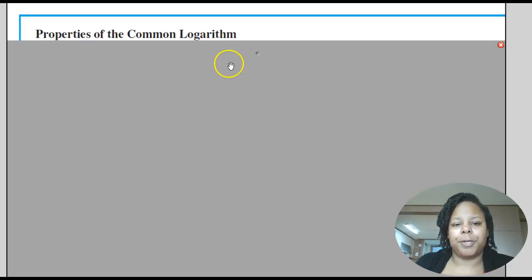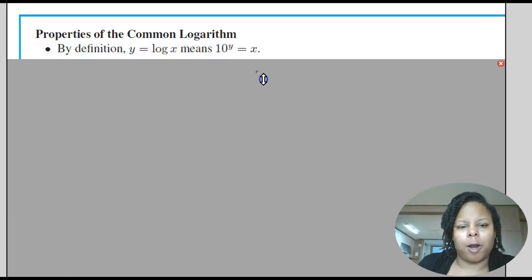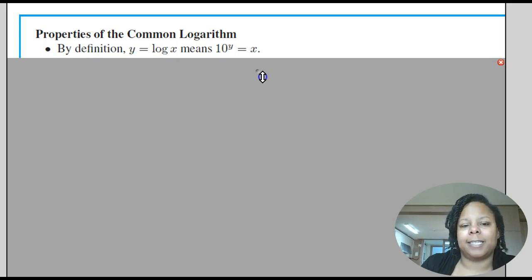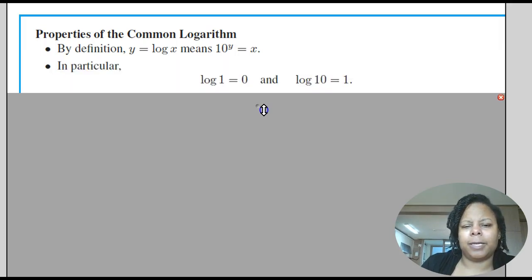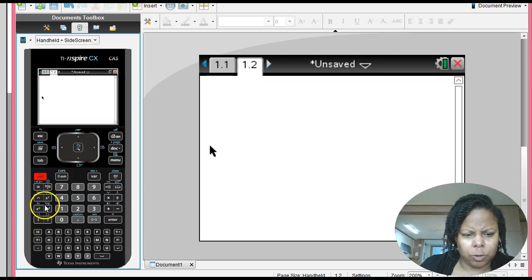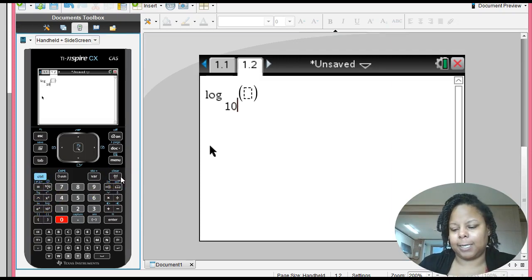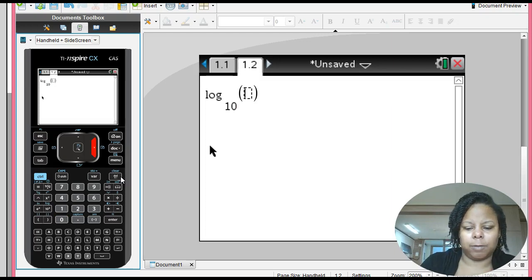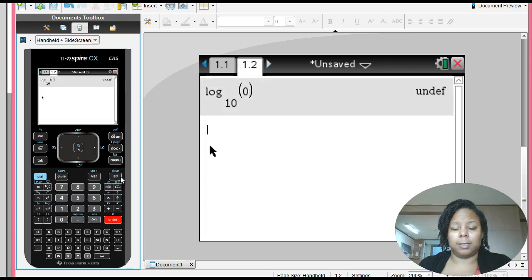Now let's go over some properties of common logarithms regardless of their base, but here log of x basically has base 10. For a log of any base, log of 1 is going to be equal to 0, no matter what the base is. And the log of the base number is going to be equal to 1. So let's take a look at that. Control base 10. If I do base 10 of 0, it's undefined.